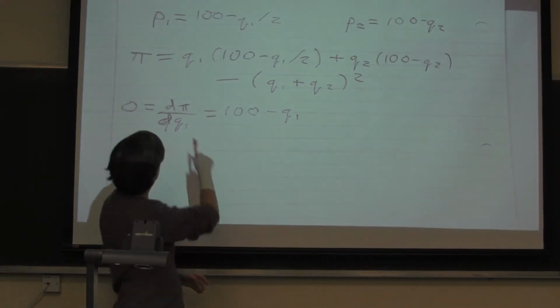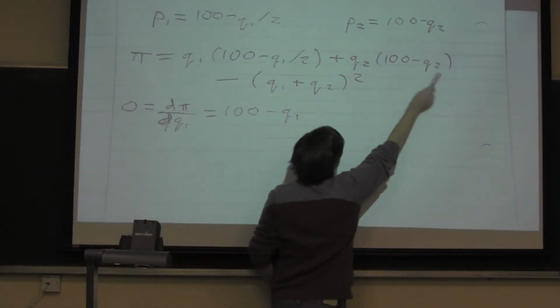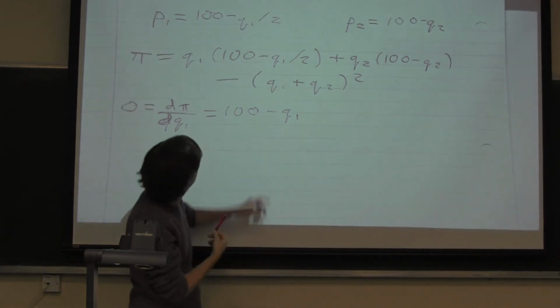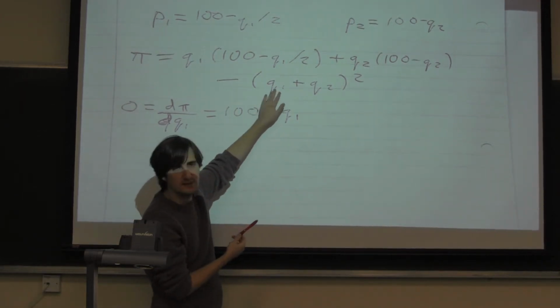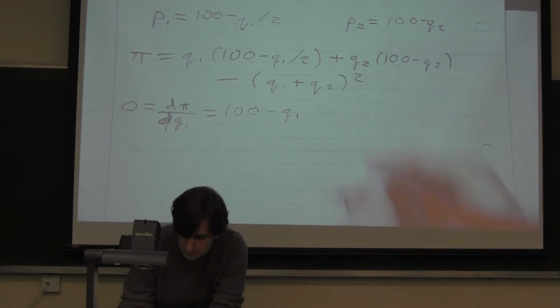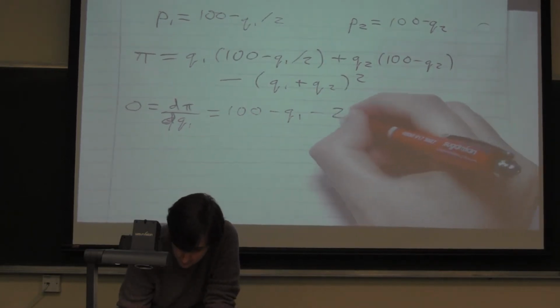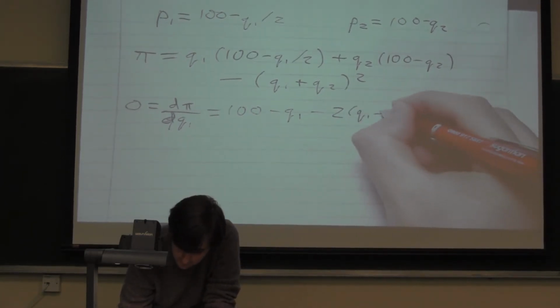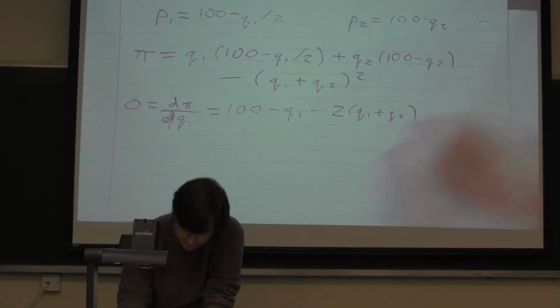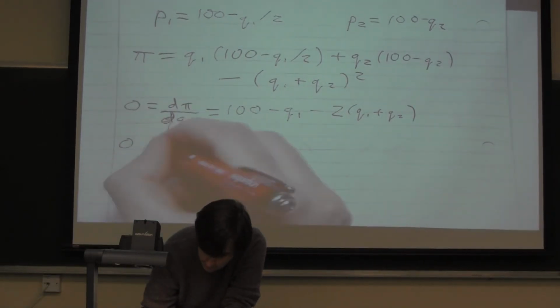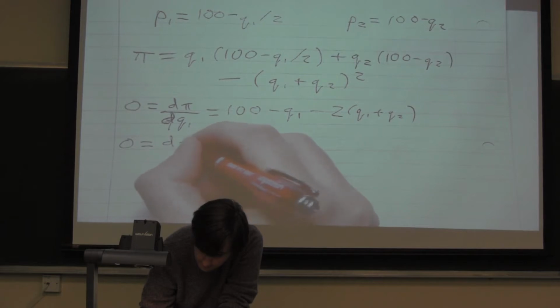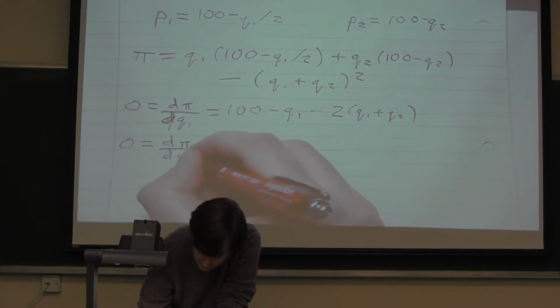We're only differentiating with respect to Q1, so we can ignore this term, unlike what I did earlier. And then we just have the derivative of the cost, which is going to be minus 2 times Q1 plus Q2. So that's the first order condition for selling in the first market.